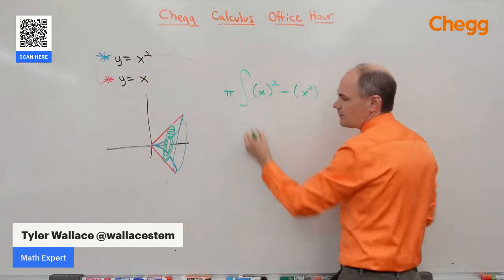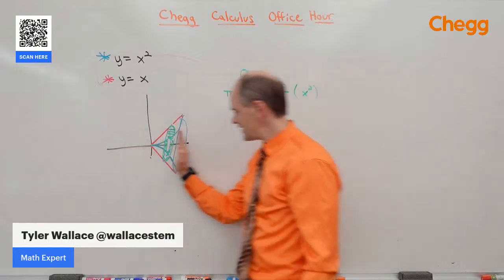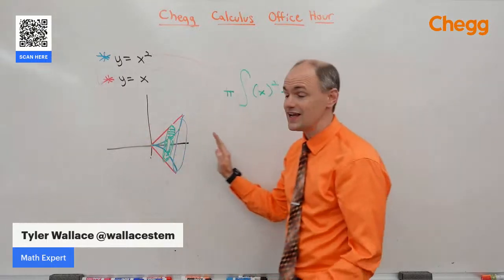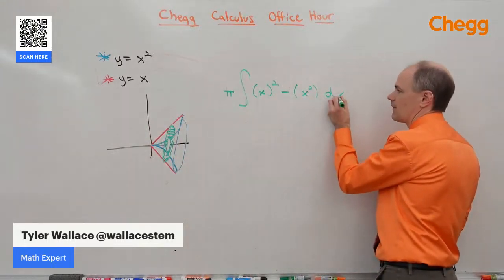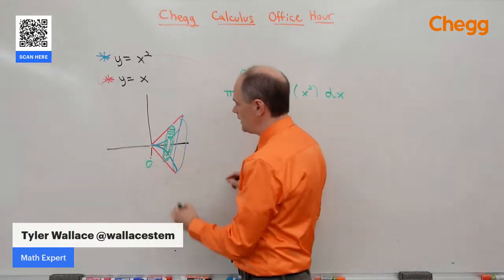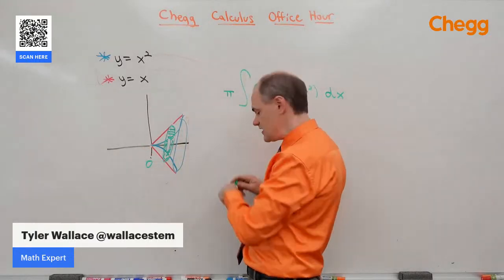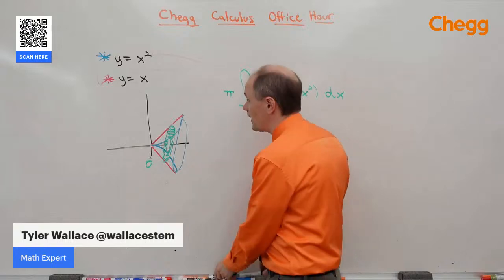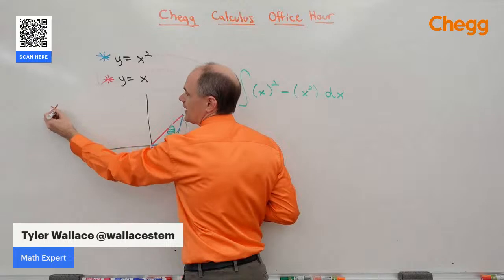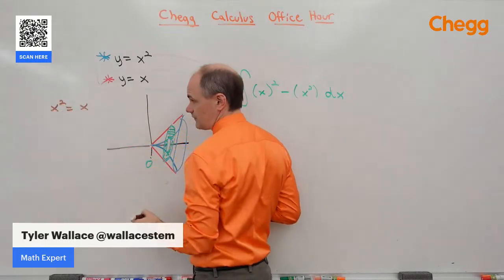We're going to add up all of these circles as this disk slides back and forth. It's sliding up and down the x, so that supports a dx integration. It's going to start here at 0, and it's going to go up here till the two graphs meet each other. Well, we need to know where the two graphs meet each other. We need to know when x squared is equal to x.